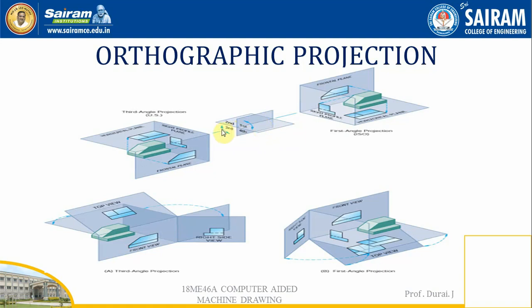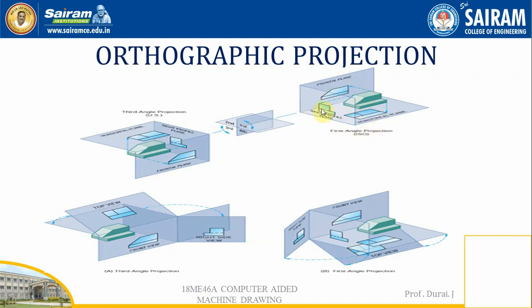So now we use the first and third quadrant drawings. In the first quadrant diagram, the front view projection is placed on the vertical plane, and the top view projection is placed on the horizontal plane. While rotating the horizontal plane in the clockwise direction, it goes to the vertical direction, and the top view comes below the front view.